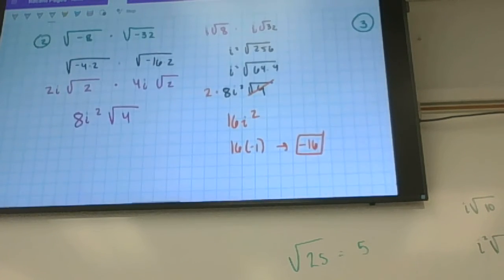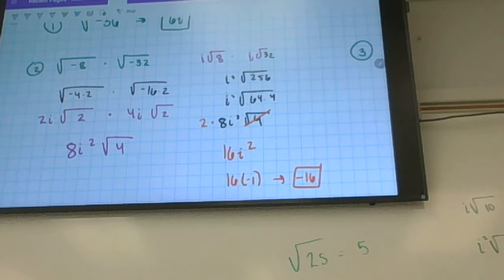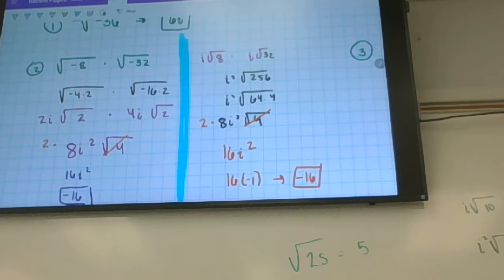It looks like I did it here. 16I squared, and then make I squared -1, -16. When the problems get to be, especially with multiplication, there's more than one right way to do it. So this is 2 ways. There could be another way. The idea is that you get down to -16.